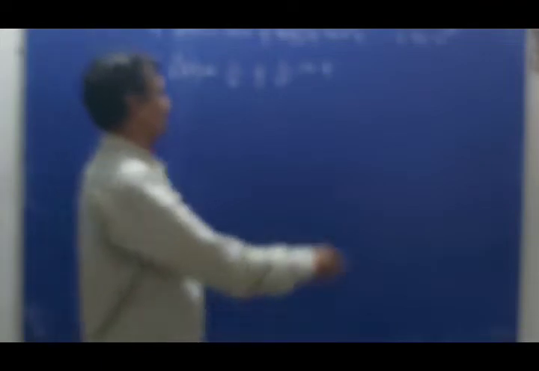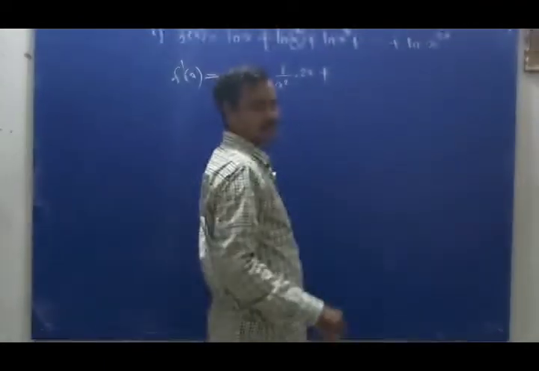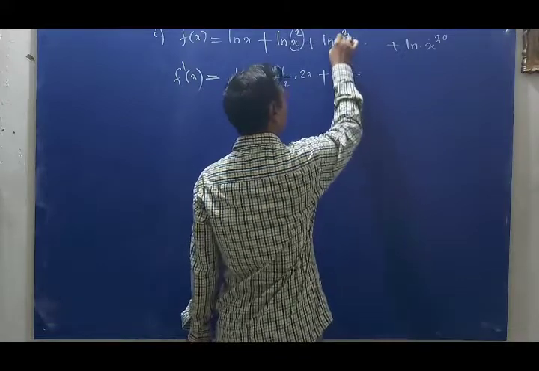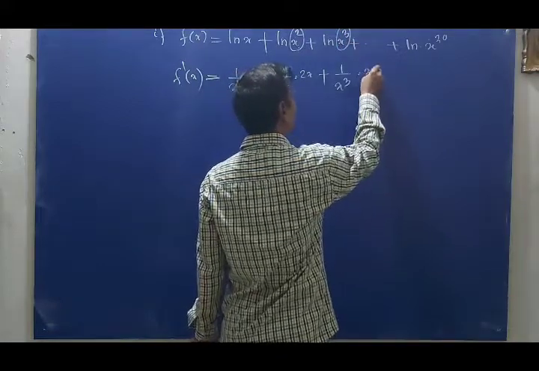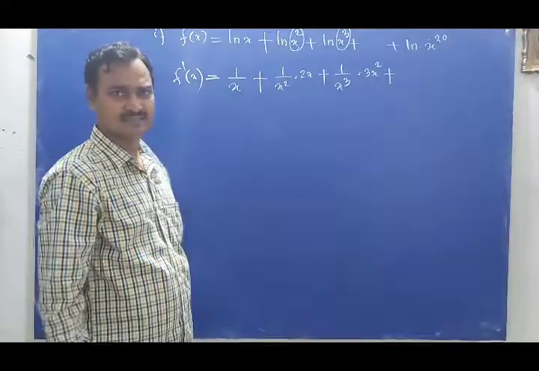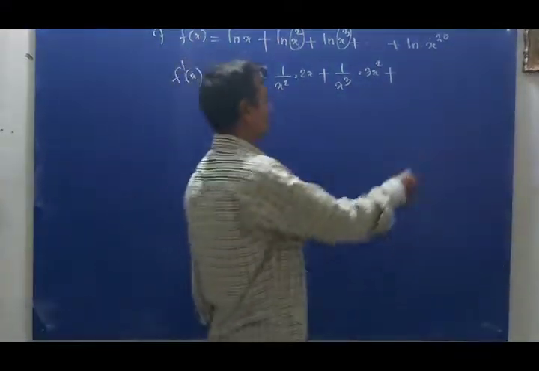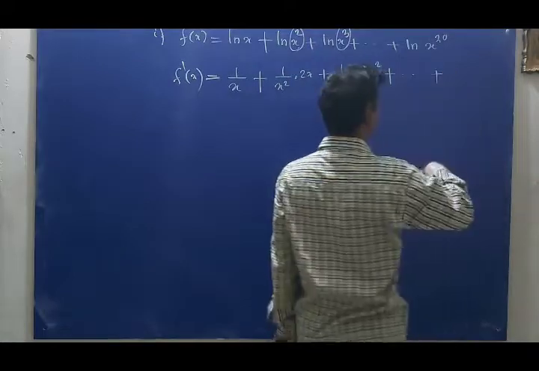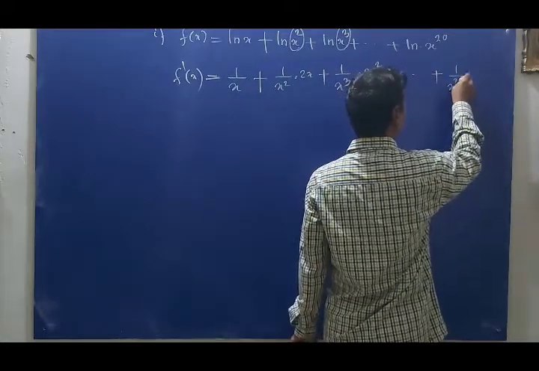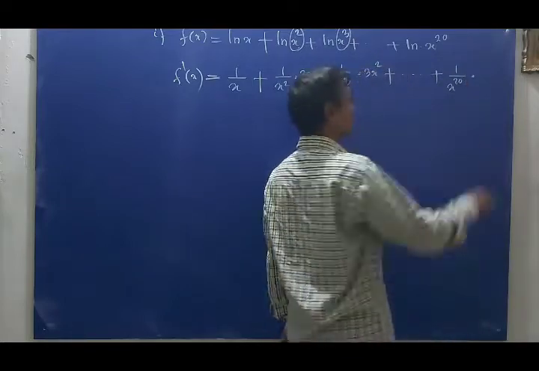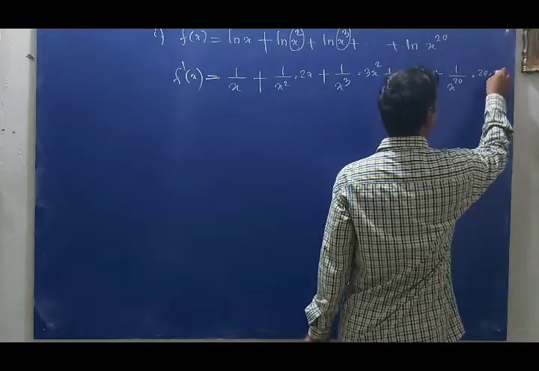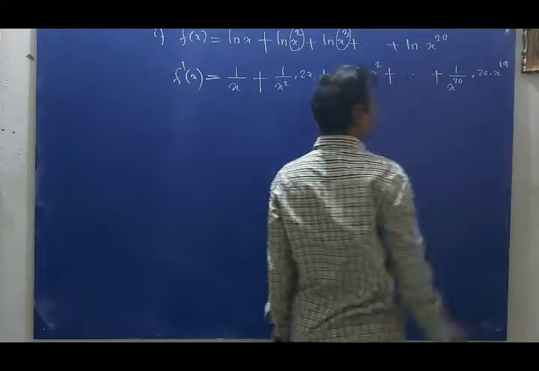Plus ln of x cube: 1 by x cube into the derivative of x cube, 3 into x square. Plus dot dot dot plus ln of x to the power 20: 1 by x to the power 20 into its derivative, 20 into x to the power 19.